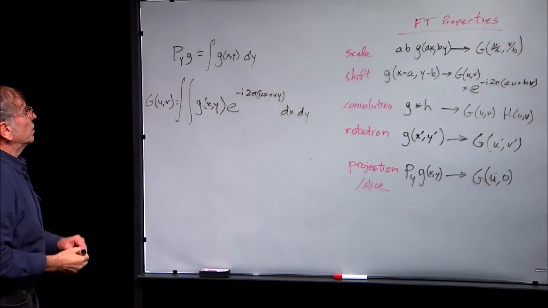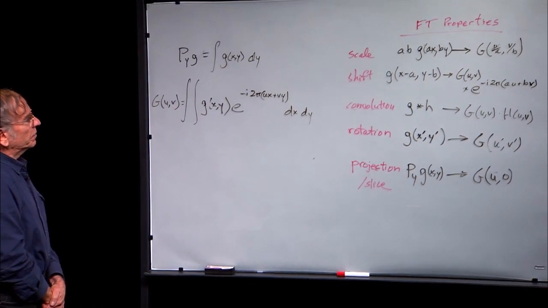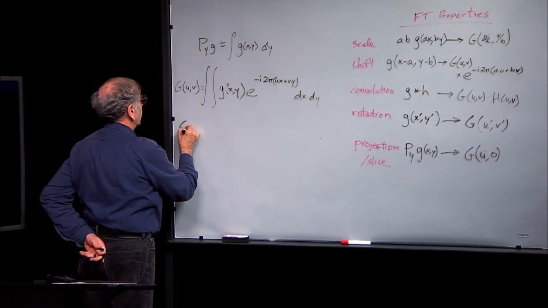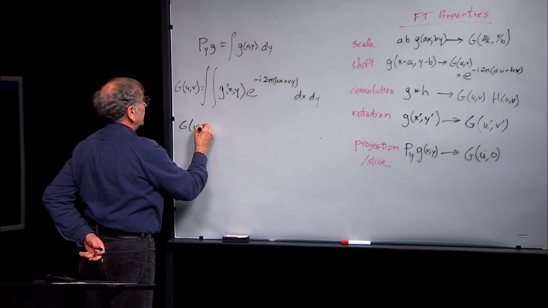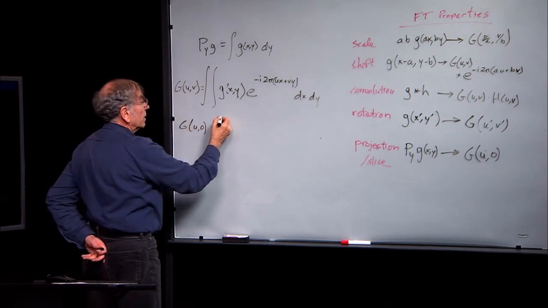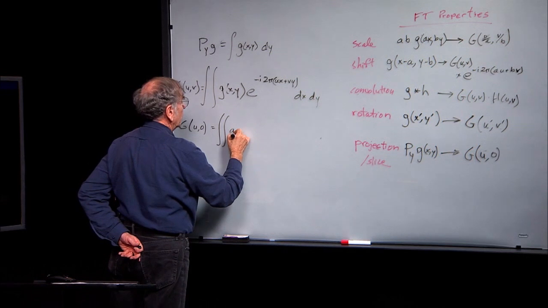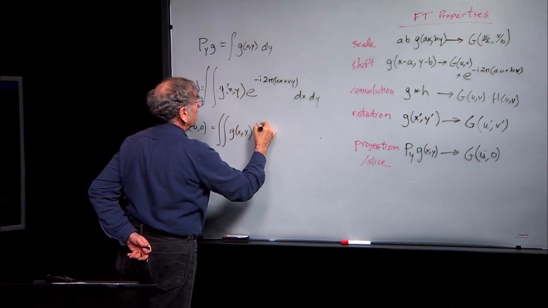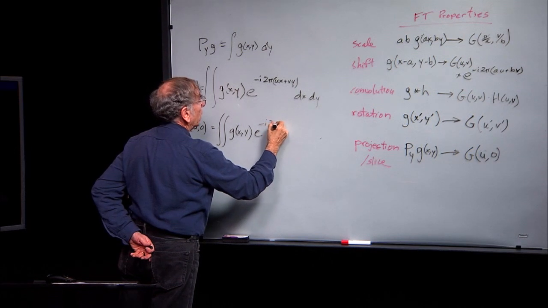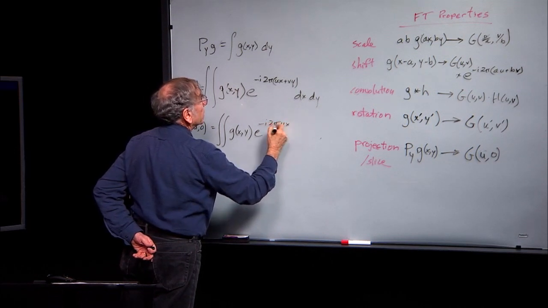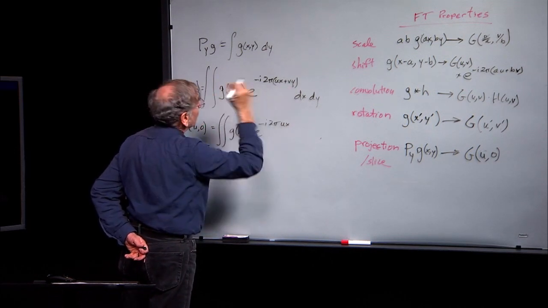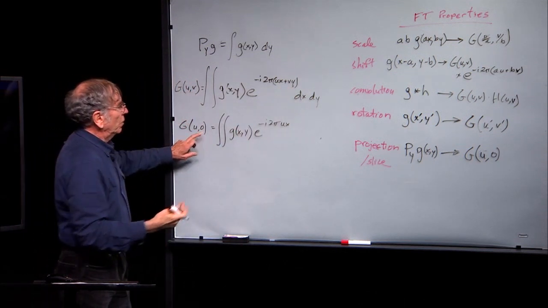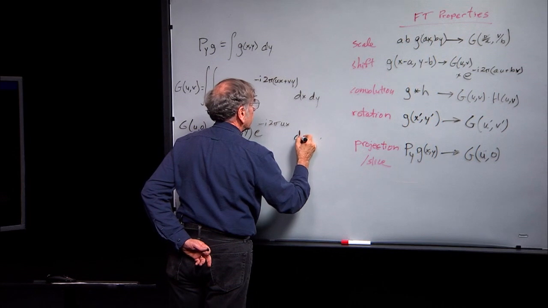This is the definition of the 2D Fourier transform. Now, what is G of u comma 0? Well, it's going to be the same thing. It's going to be g of x, y times e to the minus i 2 pi ux, but vy is always 0 because here v is 0, dx dy.